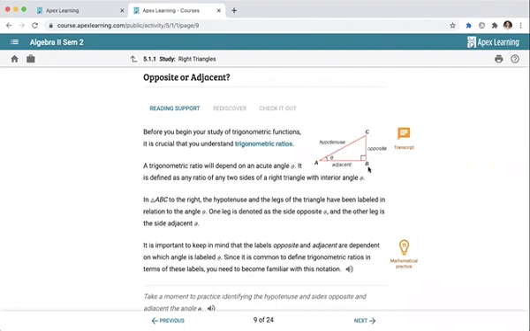Now this side length, BC, is our opposite because it's opposite the angle we're looking at. And then AB, our last one, is adjacent, because it's right next to our angle. So that's how we label this triangle. Of course, it depends on the acute angle theta.